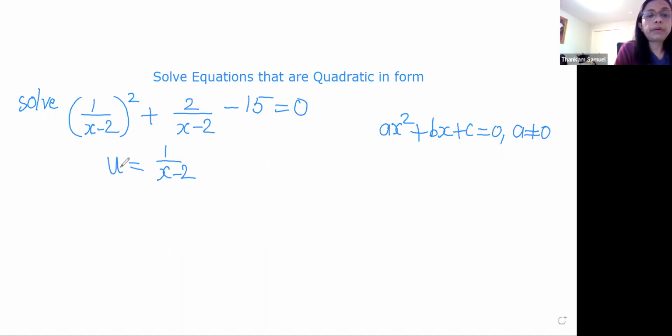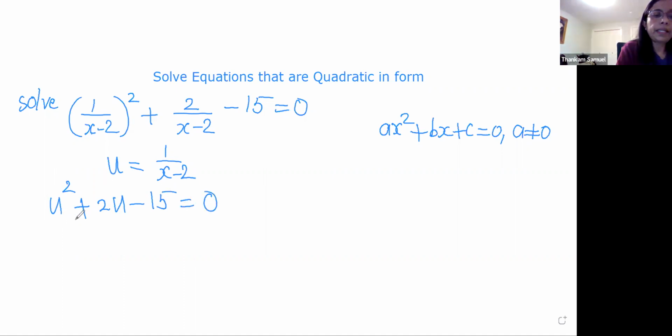So when you substitute u equals 1 over x minus 2, this equation becomes u squared plus, we can rewrite this as 2 times 1 over x minus 2. So that term becomes 2u, minus 15 equals 0.